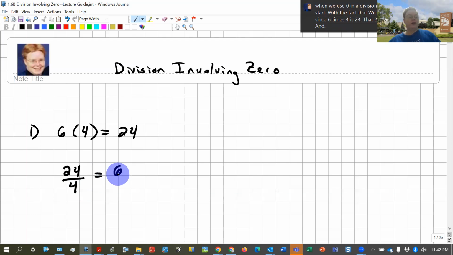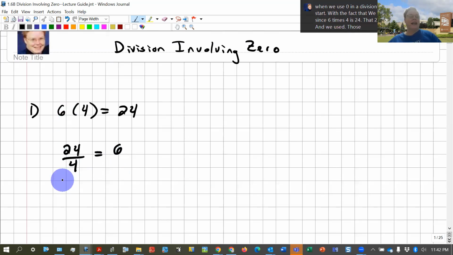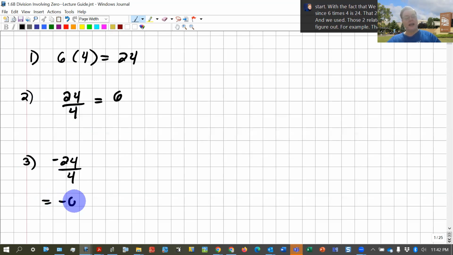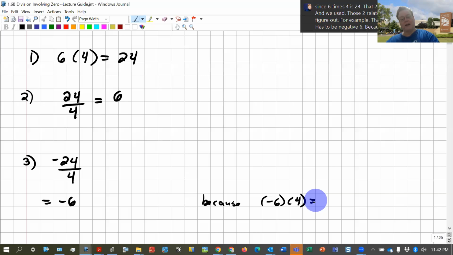And we used those two related statements to help us figure out, for example, that negative 24 divided by 4 has to be negative 6 because negative 6 times positive 4 is negative 24.